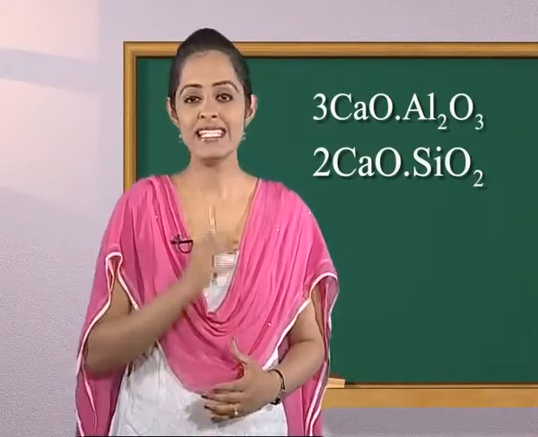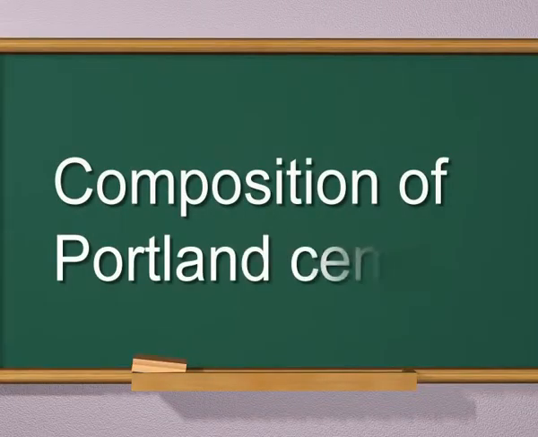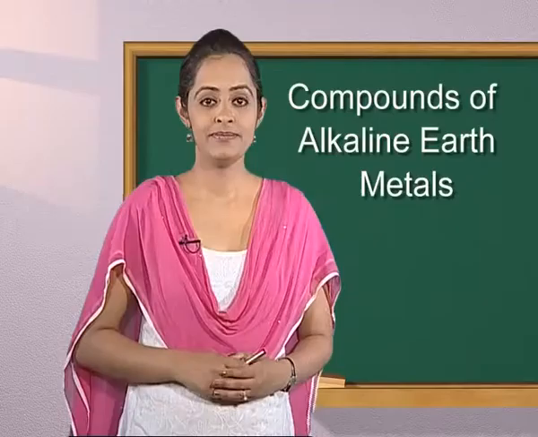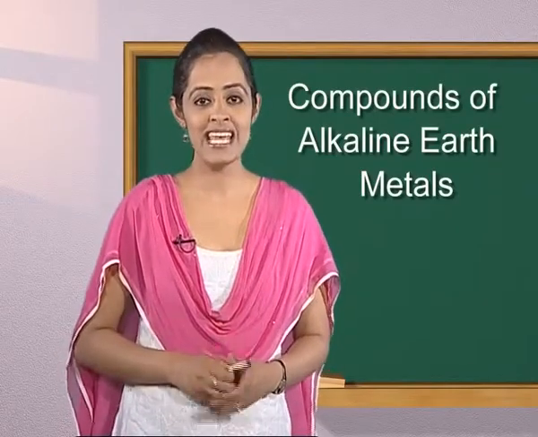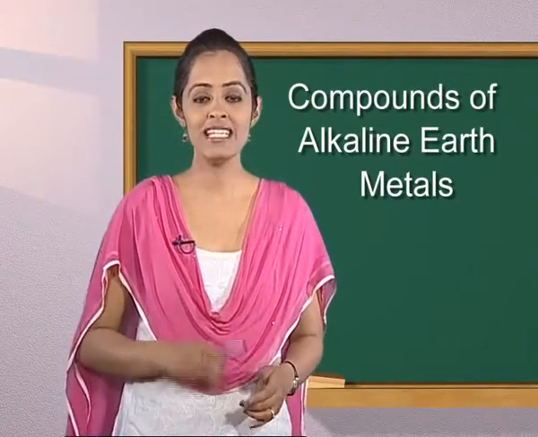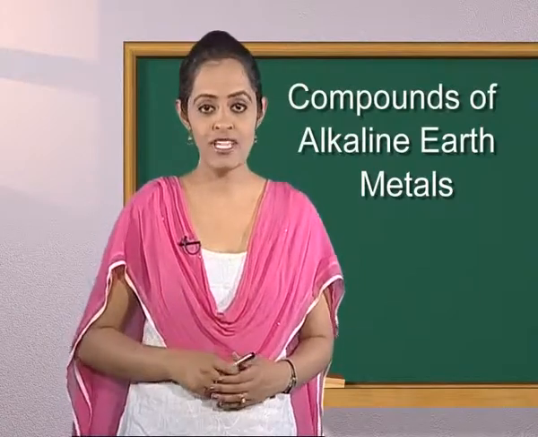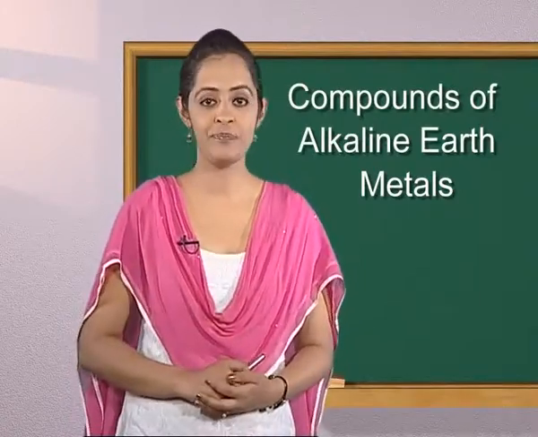Children, let us now learn about composition of Portland cement. Portland cement is a mixture of a number of components and their relative proportions in a good quality cement as shown on the screen.